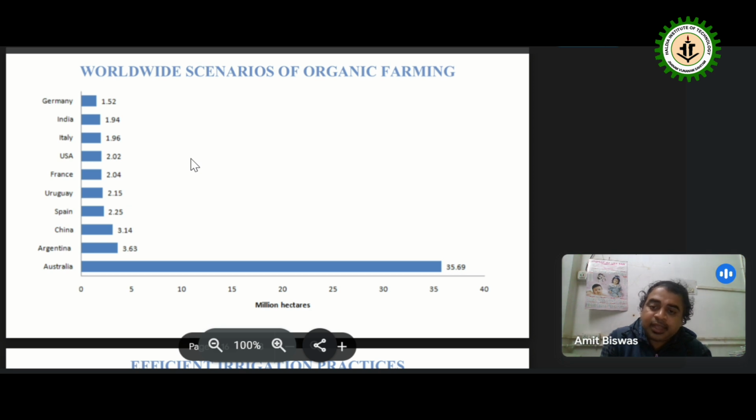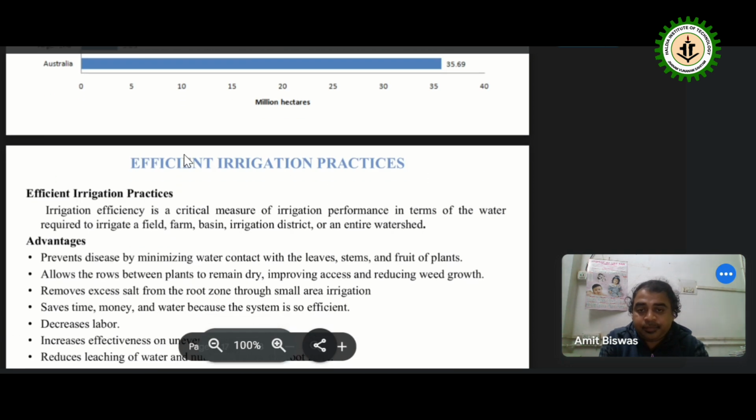Number two is Argentina with 3.63, China 3.14, Spain 2.25, Uruguay 2.15, France 2.04, USA 2.02, Italy 1.96, India only 1.94 million hectares under organic farming, and Germany 1.52. So the highest is for Australia, 35.69 million hectares.